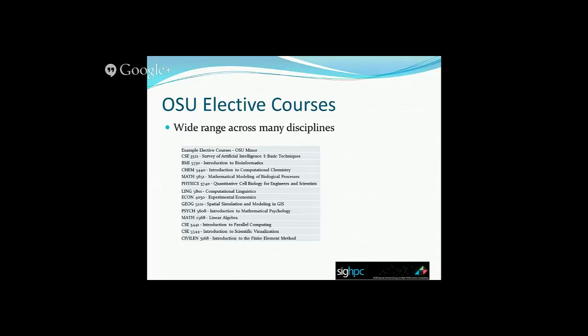I think there's also a geology one which I didn't list, and so on. So this is very comprehensive, and is something that, of course, couldn't be launched at a smaller institution because they don't have the faculty expertise in all of these sub areas of computational science. But it does give students from a wide range of majors access to learning about computational science at Ohio State.